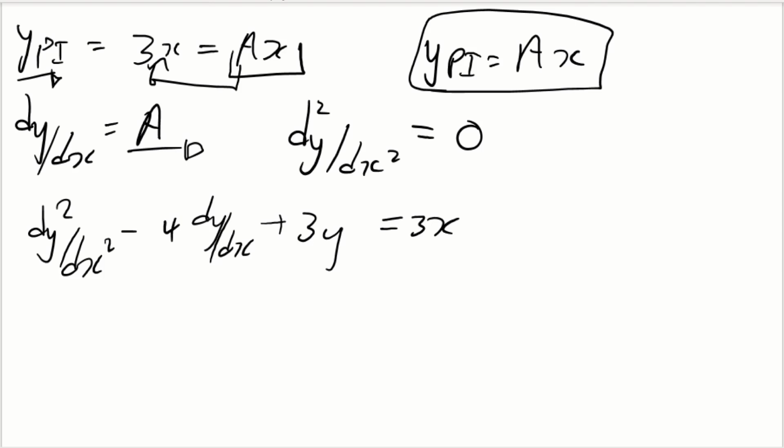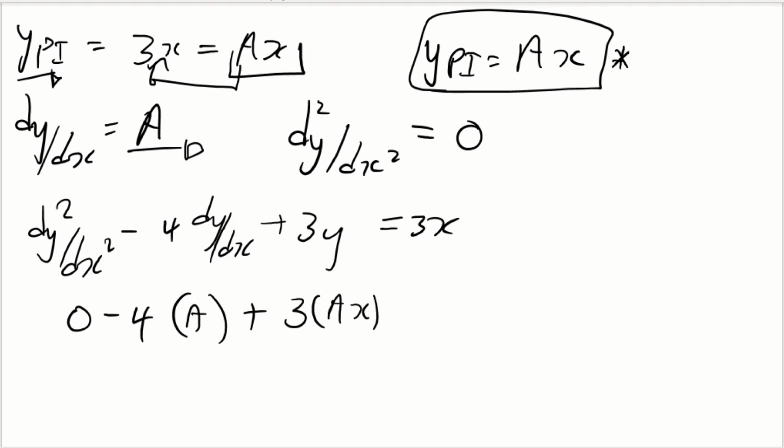So your d squared y over dx squared is 0, minus 4 into your dy over dx, it's a, and then plus 3. What is your value of y? Your value of y is ax, equals to 3x. So now here we're gonna get 0 minus 4a plus 3ax equals 3x.